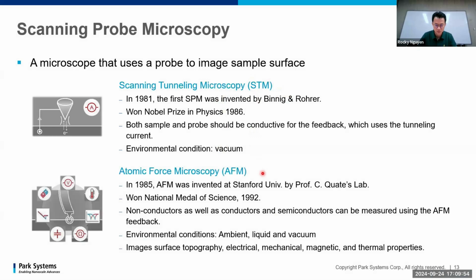And a few years after the invention of the STM, the atomic force microscopy was born. And AFM is much better compared to STM. AFM allowed the measurement in various environments. And also there is no limit on the sample type. You can measure whatever sample, like insulator, conductor, or semiconductor.